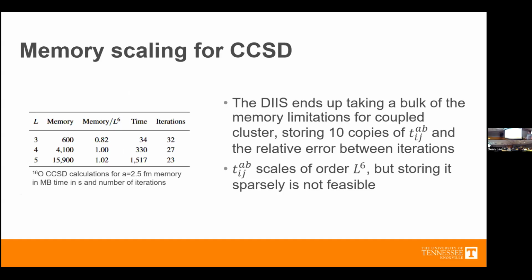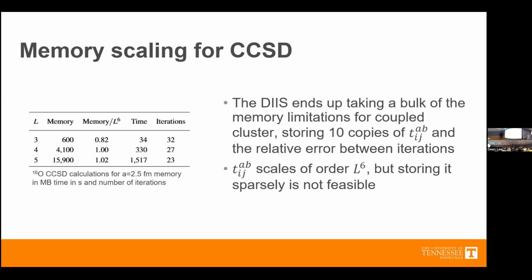Now a look at the memory scaling for coupled cluster with singles and doubles, for oxygen-16. We can see that the memory scales like L to the 6. This is because T_abij scales on the order of L to the 6. We can't store it sparsely because that would require sparse-times-sparse contractions, and those would cost a lot more time than it's worth in memory savings.